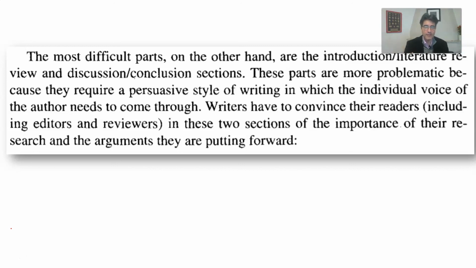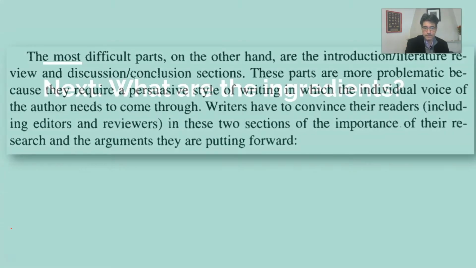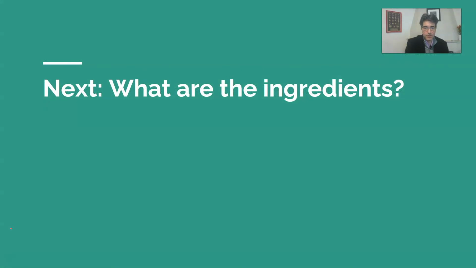We have, to some degree in this course, so you have an idea of that. And then also convincing the reader and persuading the reader. Okay, those are big words, but how do you do that? So that's what we're going to look at next in the next video: what are the specific ingredients, and there are a few that can help you. There's a way that you can make a pretty yummy chili.